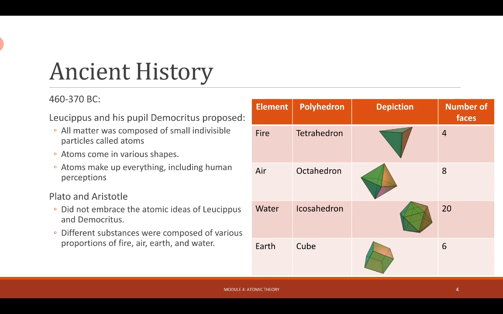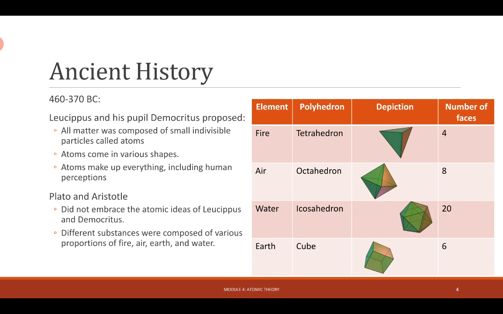Their ideas were not well accepted, and so Plato and Aristotle, who are very well-known Greek philosophers, didn't embrace the ideas of Democritus and Leucippus. They thought that substances were composed of various proportions of fire, earth, air, and water.